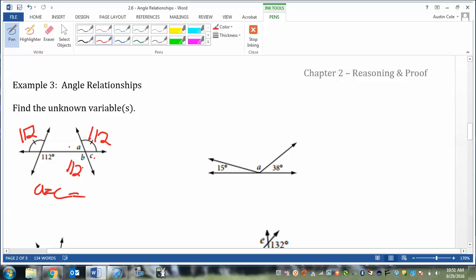Don't give me the actual number. 180 minus 112. We have a straight line, right? Between B and C. They're both on the same side of this straight line. So they are a linear pair. They add up to 180. So 180 minus 112 is equal to 68, right? Yeah. 68 degrees.